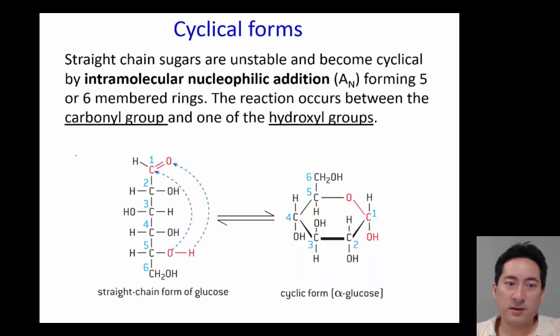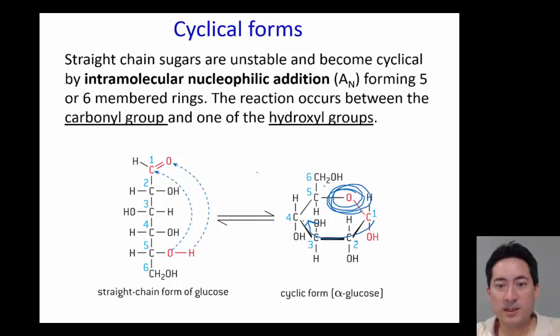Cyclical forms. The important thing to note is wherever this linkage here is, which is a glycosidic linkage, in the following slide, we number from this direction here. So we go clockwise, numbering 1, 2, 3, 4, 5, 6, that's how we number the carbons.